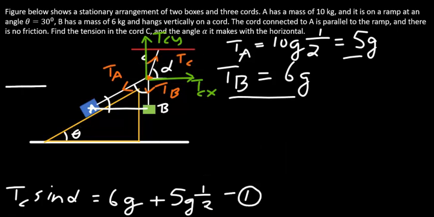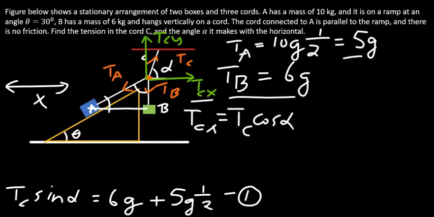Now let's analyze the forces along the horizontal direction, or along the x-axis. As you can see, TCX, in terms of TC, is just TC cosine alpha. TC cosine alpha, you get the x component of it, and that is balanced by the x component of TA, going like that. TB doesn't have any x component, so it doesn't contribute here.